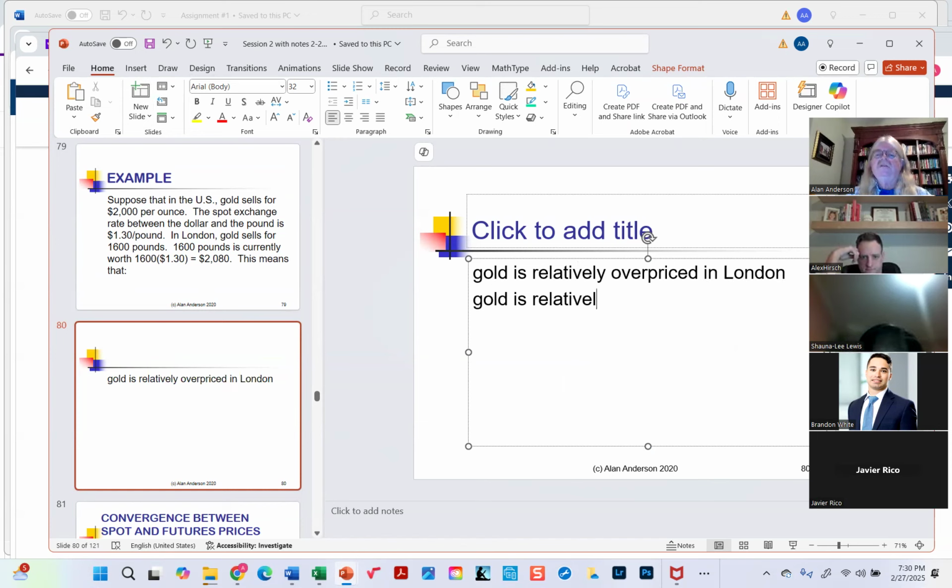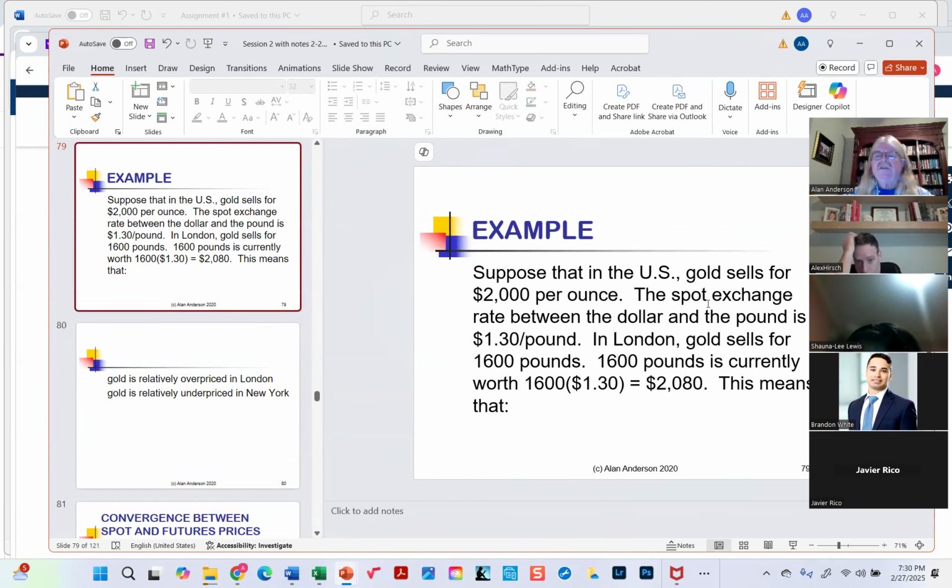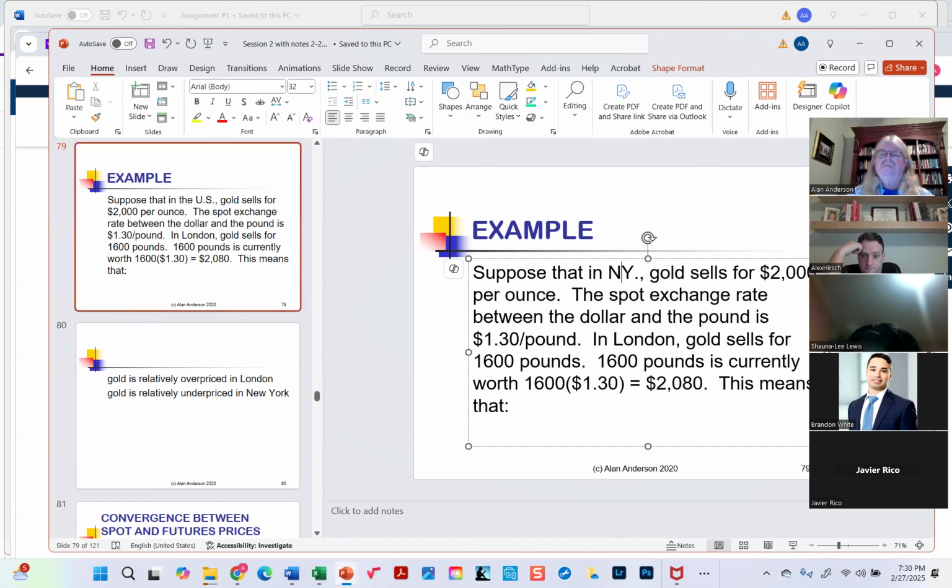Gold is relatively underpriced in, let's say, New York. So these are dealers. These are metals dealers, and one of them is quoting a price of $2,000 an ounce. And in London, we find another dealer who's quoting £1,600.